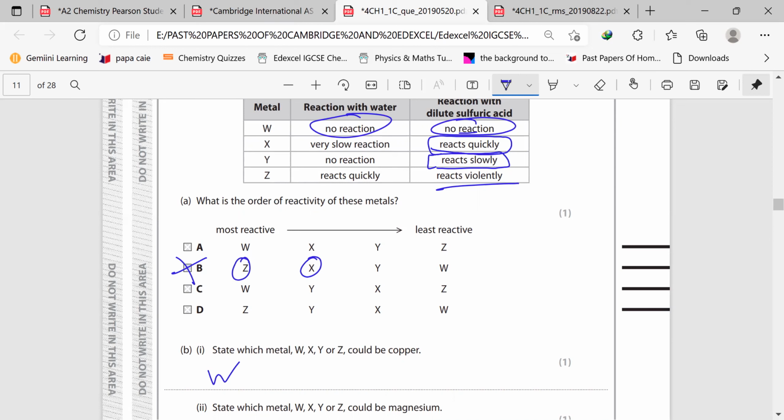react with dilute acids. Sir, doesn't copper actually react with water but in a very slow manner? No, who said that? Even after magnesium, nothing will react. Zinc and iron do not react, so how will copper react?